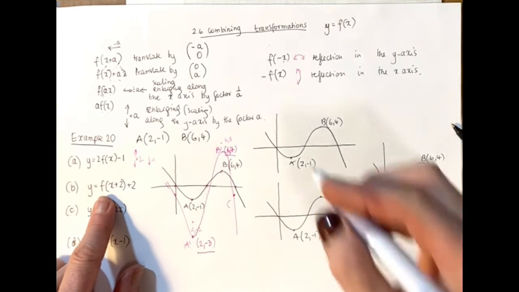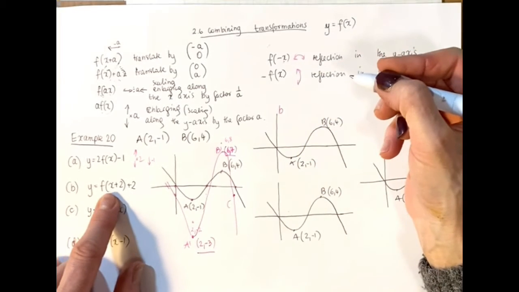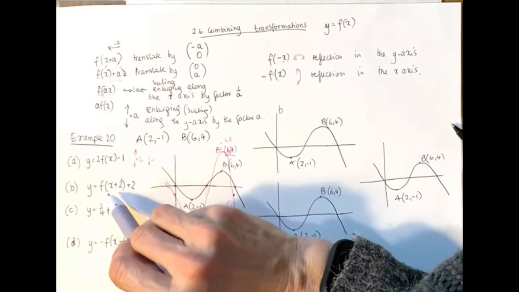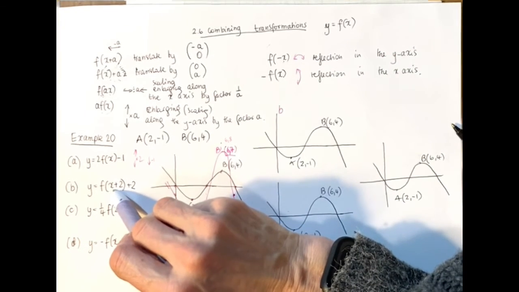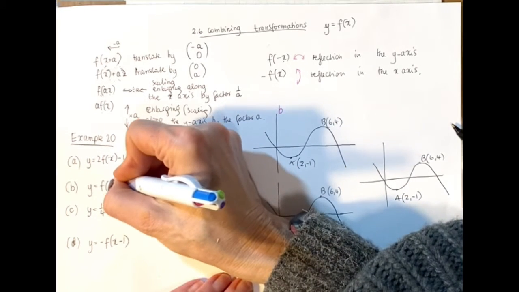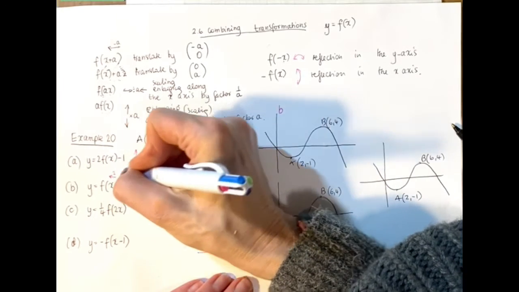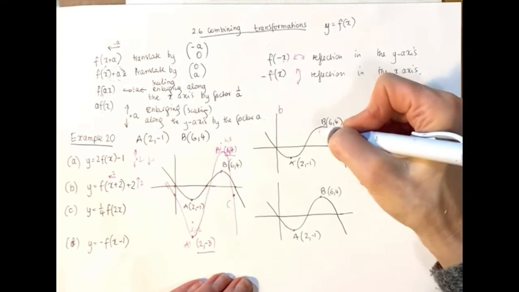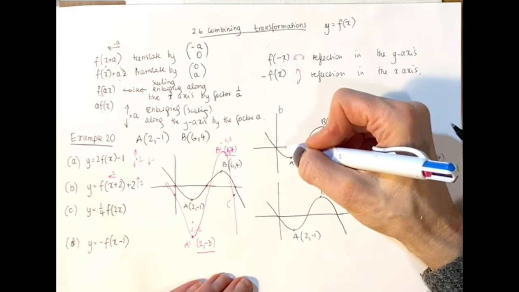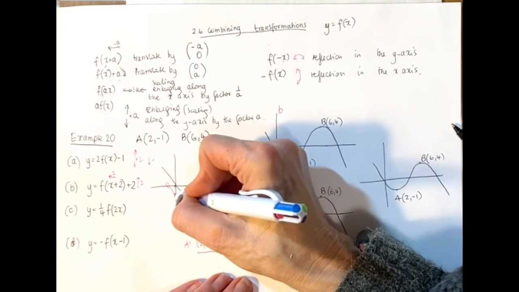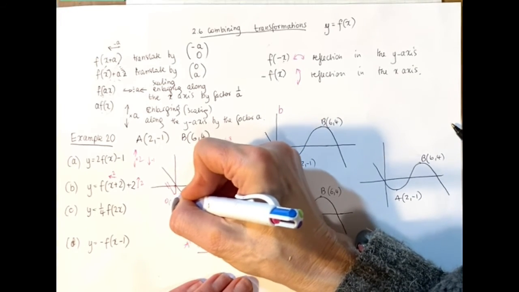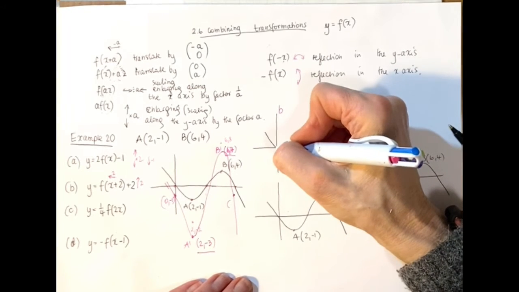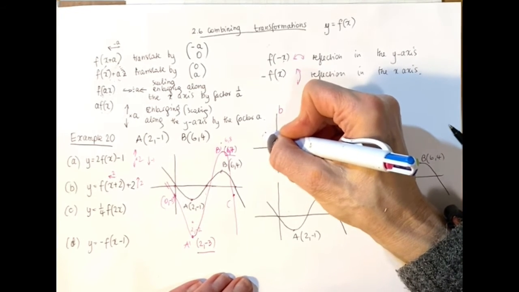Then part B, we have f of x plus 2, plus 2. So now inside the bracket, you tell him to go 2 to the right. He does the opposite. He does 2 left, but outside tells you to go 2 up. So we want to shift the graph 2 left. Oh, sorry, this point was minus 0, minus 1. 2 to the left and 2 up, somewhere here.